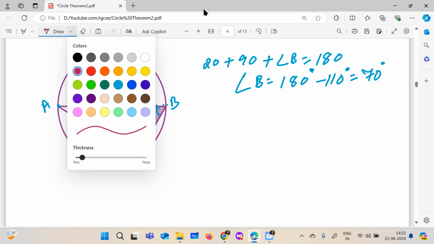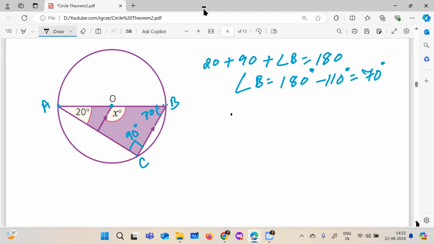Now, if you look at this diagram carefully, you can see this parallel line marking here, right? It means that this line is parallel to BC. When you have two parallel lines, there are certain angles formed here. Now you see x and 70.